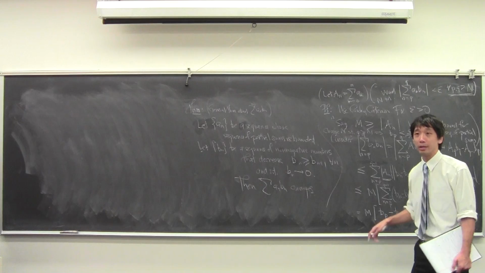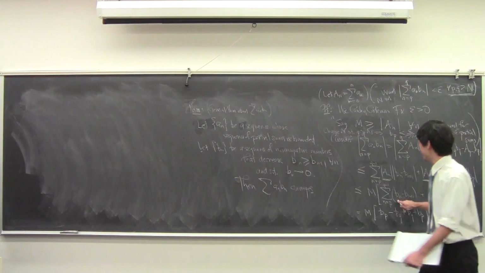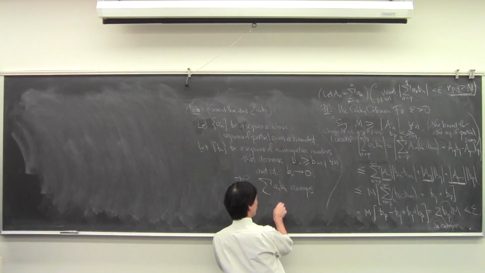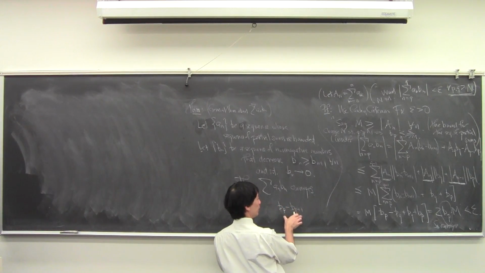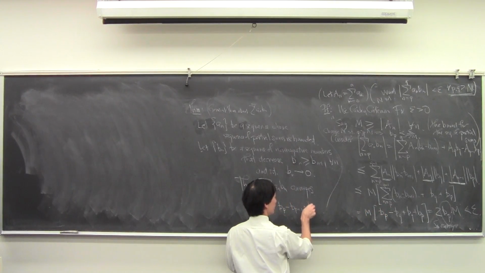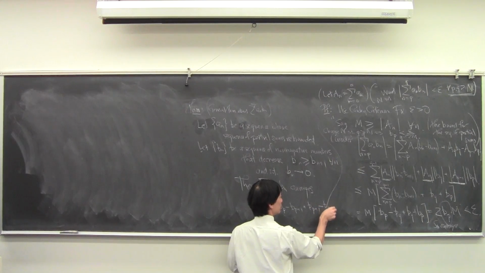Okay. Yeah, sure. Why did the summation turn into b sub p minus b sub q? It collapsed, right? So if you spell it out, it's b sub p minus b sub p plus 1 is the first term. And then the second term is when n is p plus 1, right? So you get b sub p plus 1 minus b sub p plus 2, right?